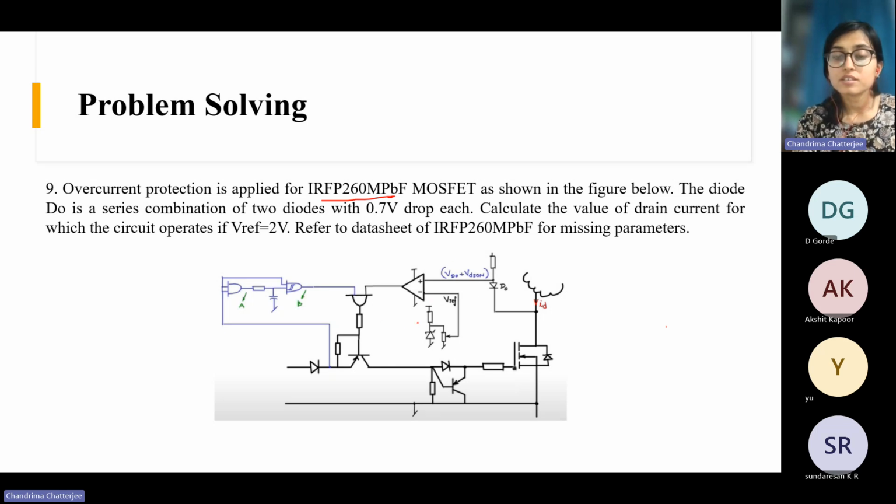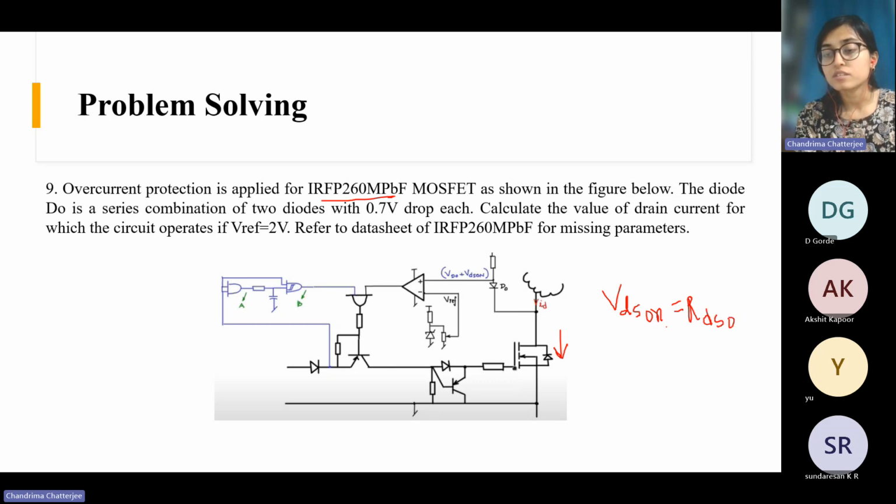So here we have this MOSFET, right? And suppose some current is flowing through the MOSFET, some ID current. You know for a MOSFET, the voltage drop across the MOSFET during on condition, VDS on, is RDS on times ID, where RDS on is the on-state resistance of the MOSFET.